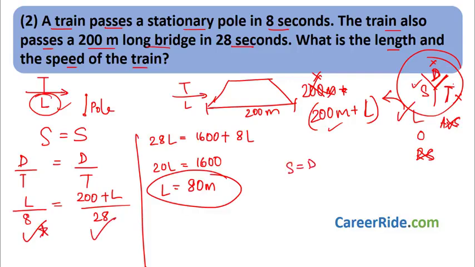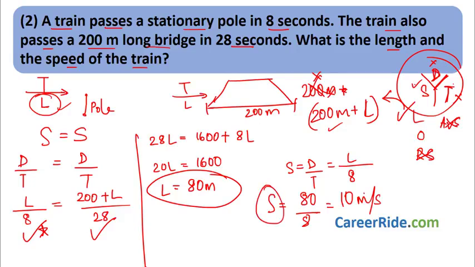Speed is nothing but distance upon time. Distance traveled is L, the length, and time taken for the pole is 8 seconds, right? Speed would be, what is the length of the train? We know 80 divided by 8, that is 10 meters per second. Why did we take meters per second? Because the distance L is in meters and time given is in seconds.